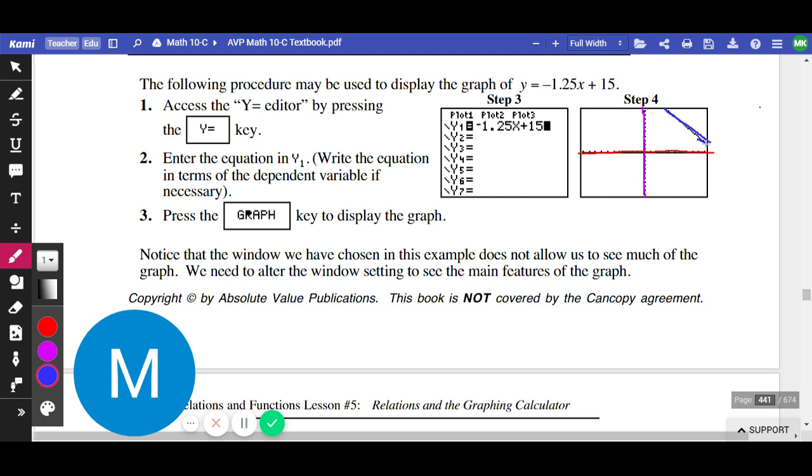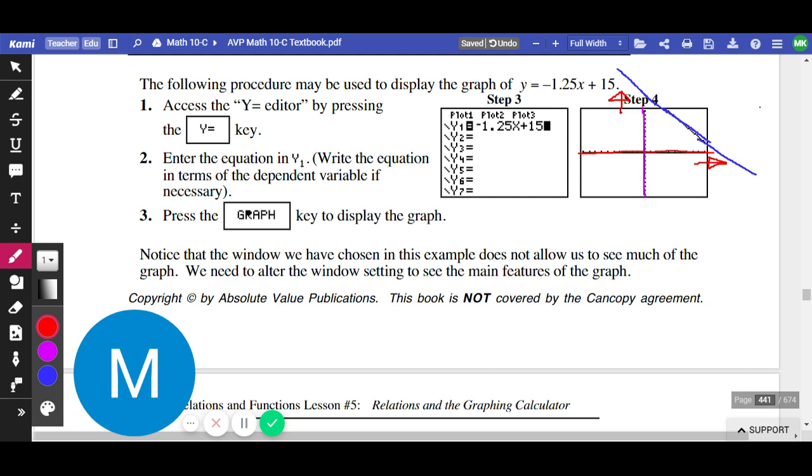It would go something like this. Correct? We can't see that, it's not on our screen, but we know that line's just going to keep going. So if we wanted to find our x-intercept, we would need our graph to show us further to the right. And if we wanted to see our y-intercept, we would need our graph to show us further up.